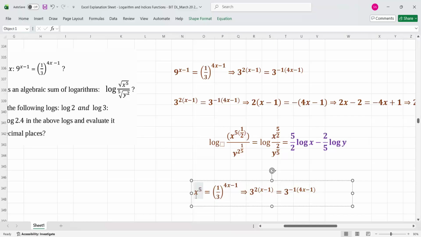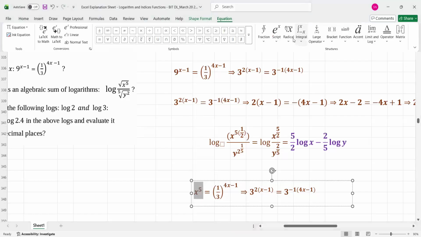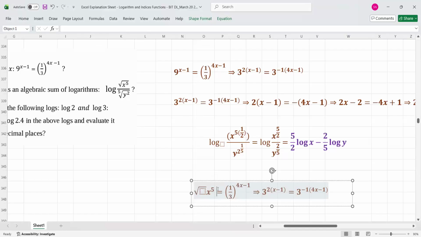All this was supposed to be square roots. There's a square root underneath this. Okay, so this was x raised to the power 5. Now how do we simplify this?